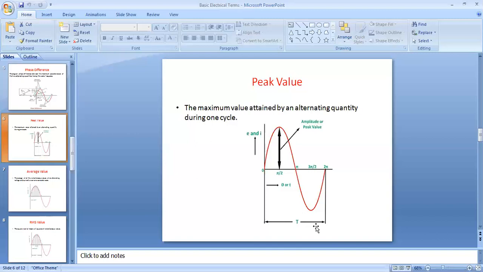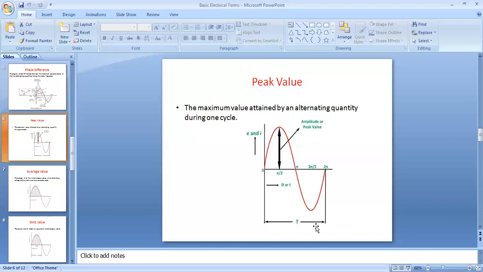For alternating quantities, we have to measure that alternating quantity in terms of peak value, average value, or RMS value. So first we will see what is the peak value.